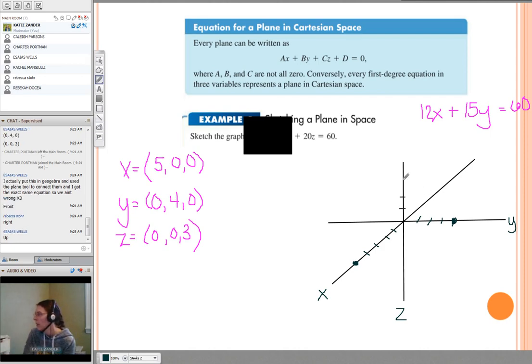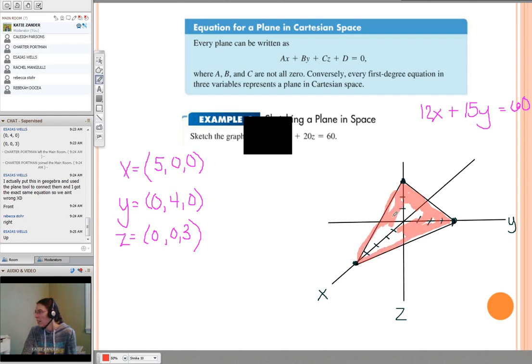Yep. All right, so what this looks like then, if I were to connect them, and hopefully in GeoGebra it looks somewhat similar, is you should have an intersecting feature there of those 3 planes that looks kind of like a triangle. So this right in here is going to be the graph of this equation.